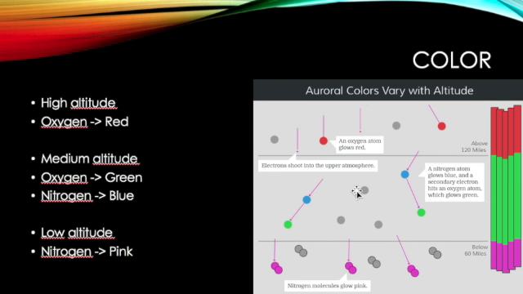In the middle range, if it collides with an oxygen atom, it glows green, and with nitrogen, it glows blue. And at the lower altitude, it glows pink. Basically, it all depends on the particle and the altitude where the collision takes place.